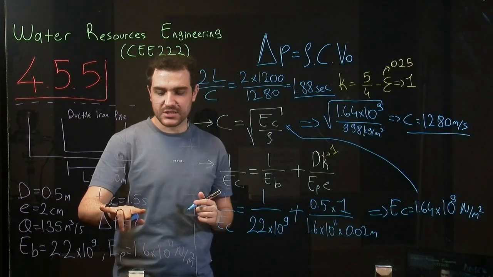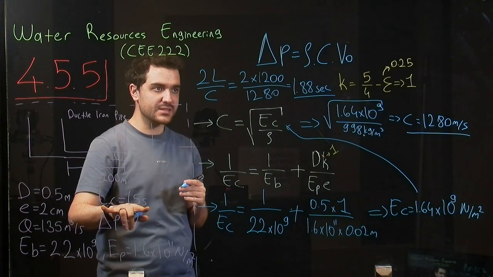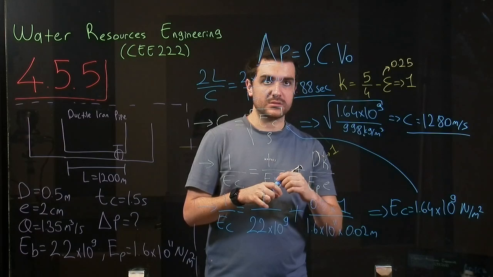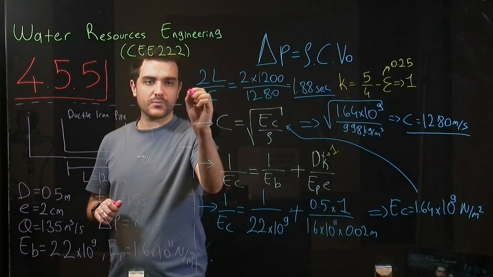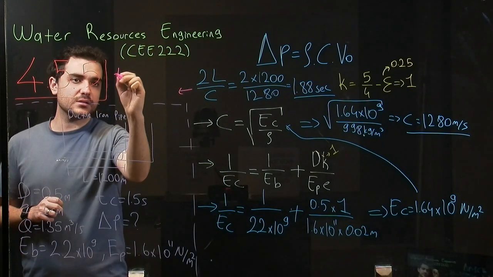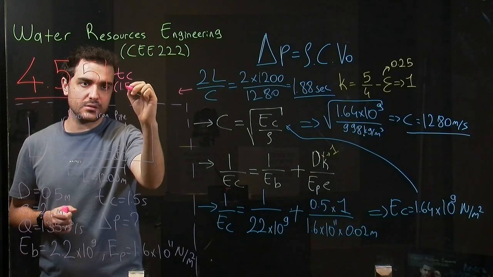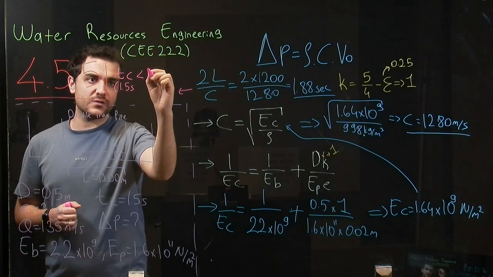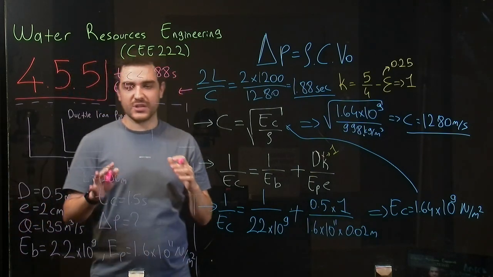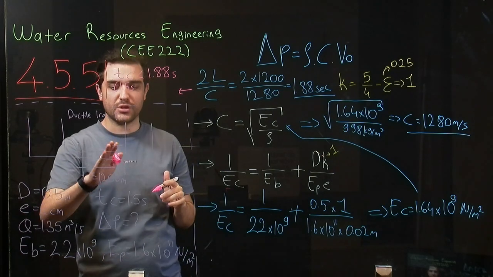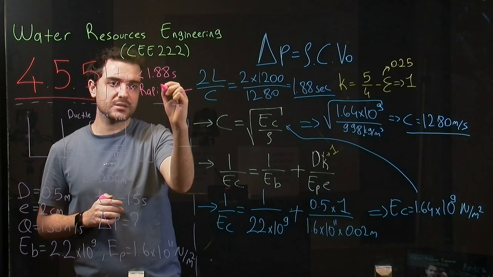So in the question the closure time is given as 1.5 seconds, and let me write that here. And since TC, which is 1.5 second, is lower than 1.88 second, which is the required time for pressure wave to return back to the valve, we can say that this is rapid closure.